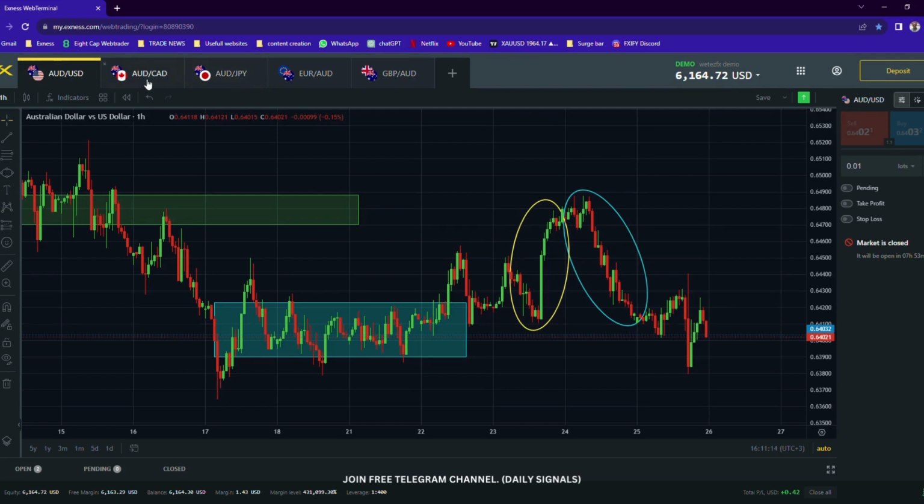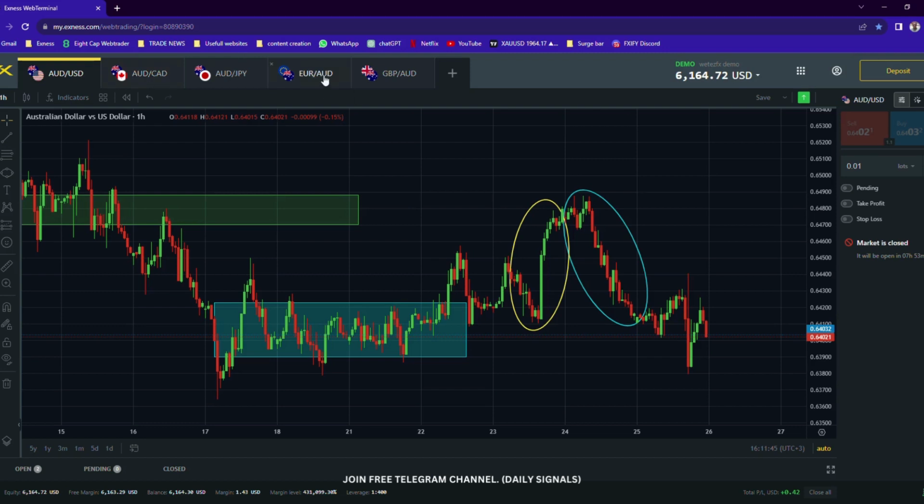So AUD JPY and AUD CAD correlate with AUD USD in a positive way. It means if AUD USD rises in price, AUD CAD will also go up, and if AUD USD goes down, AUD JPY and AUD CAD will also go down. That is what we call a positive correlation.